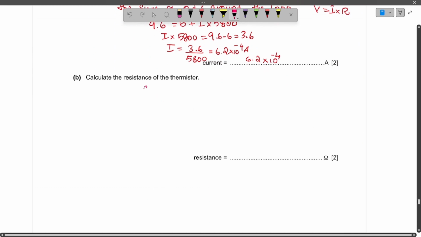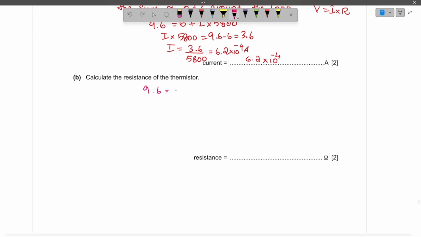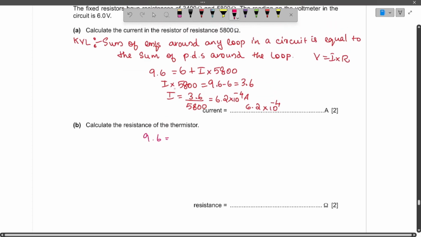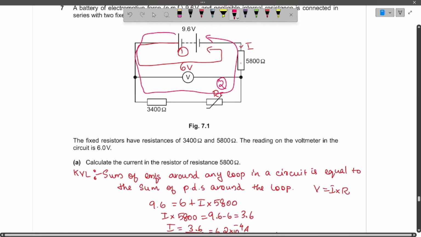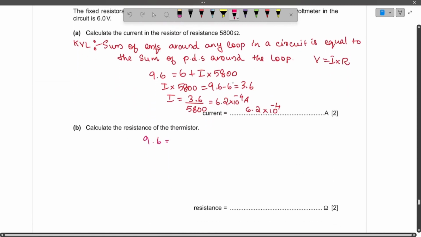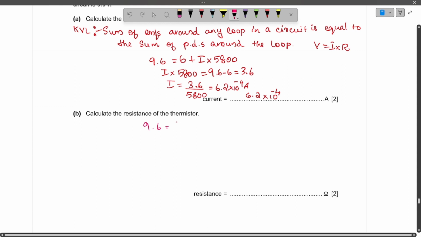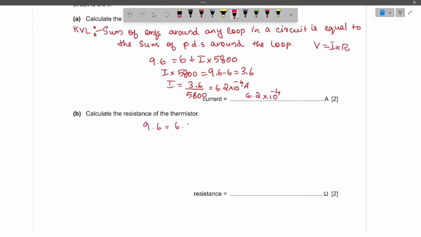So here also the sum of the EMF is the same, 9.6, and the voltage drop. On this line, is there any current value? There are 3 resistors, right? 1, 2 and 3. So V is equal to IR, right?